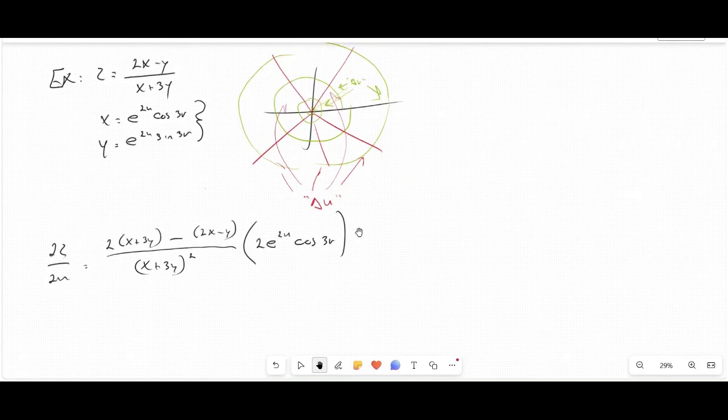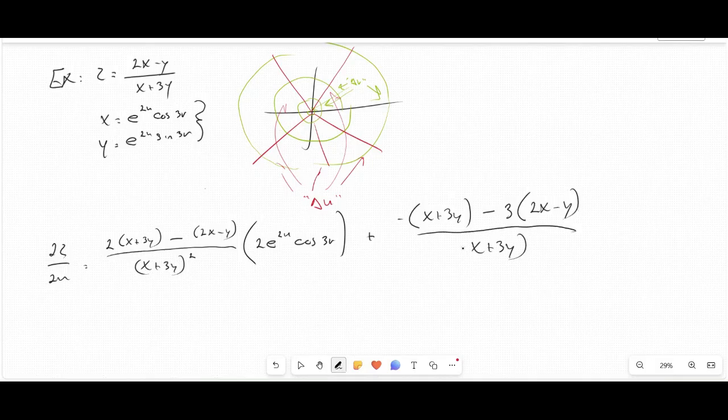I also need partial z partial y. So I want f prime g minus g prime f over g squared times partial y partial u, which is 2e to the 2u sine 3v.